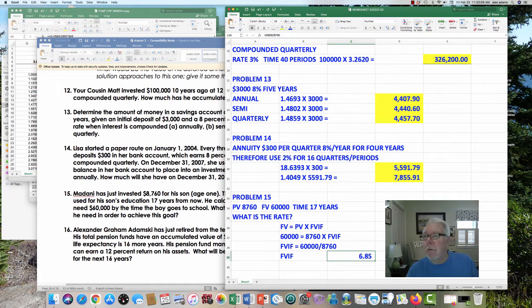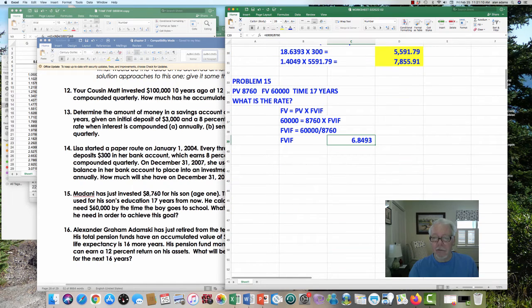I'm going to put 4 decimal places on that because we're accustomed to 4 in our tables, aren't we now? So the FVIF is 6.8493.